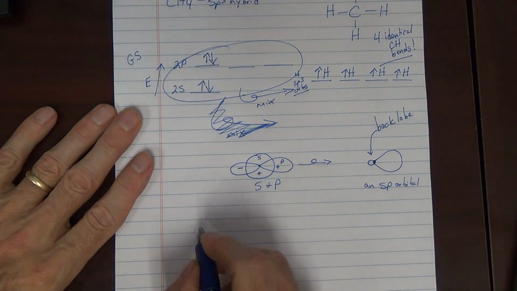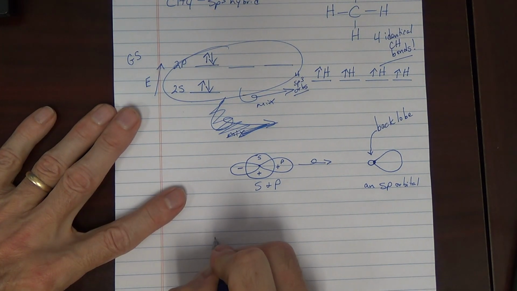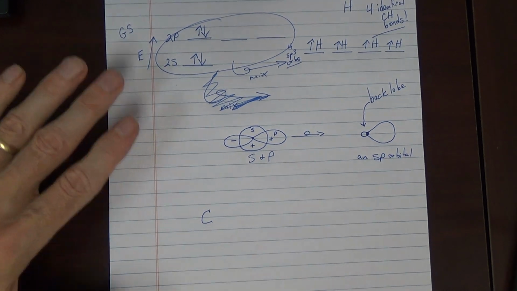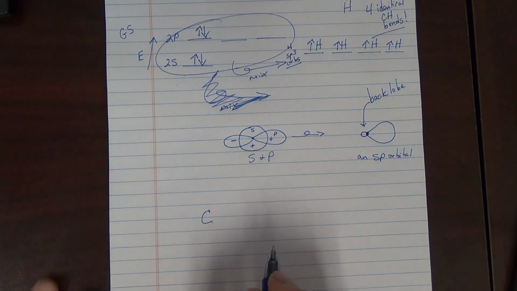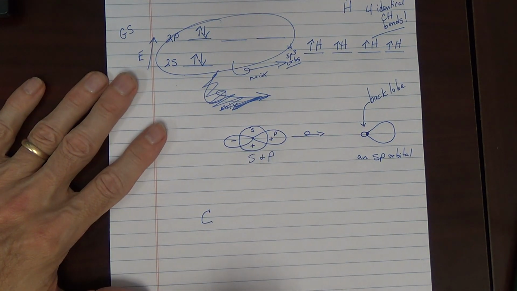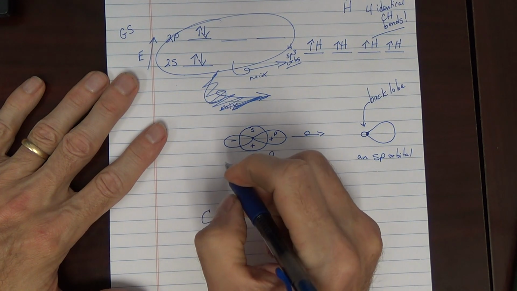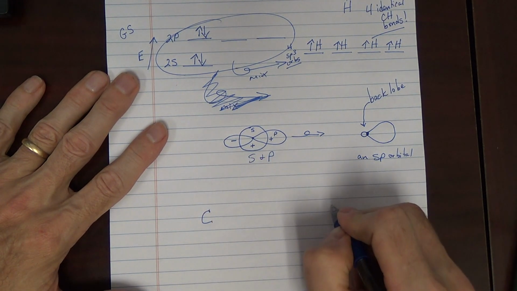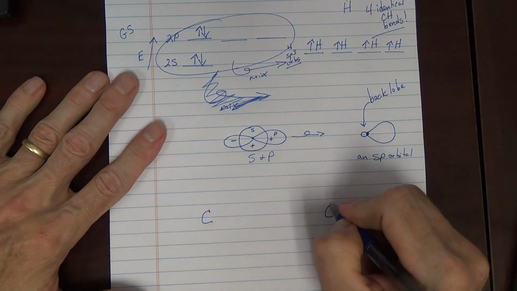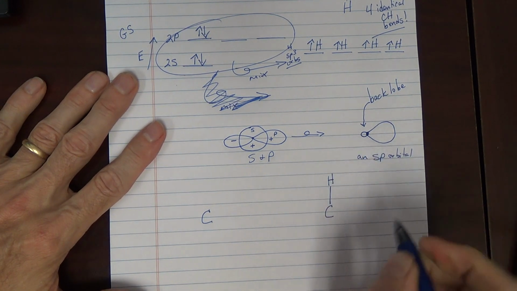Okay, let's take a carbon here. Let's see how we want to draw this. What's the best way? Well, first let's get to where we're going, and then I'll back up. Where we want to get to is bonds in a tetrahedral manner.